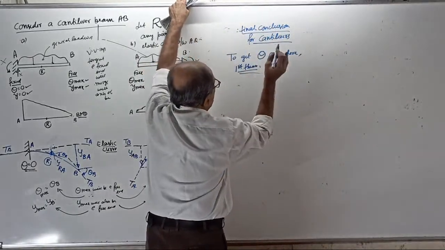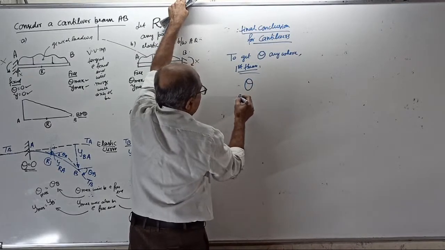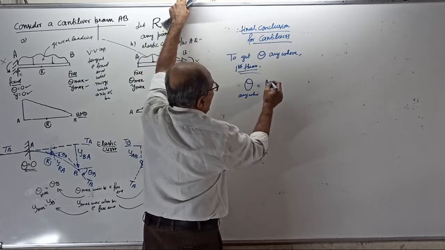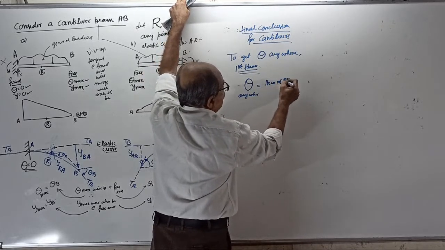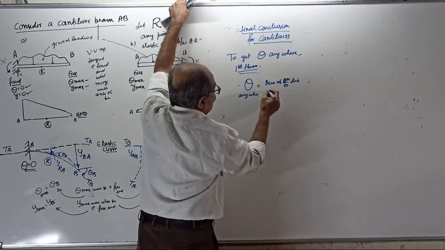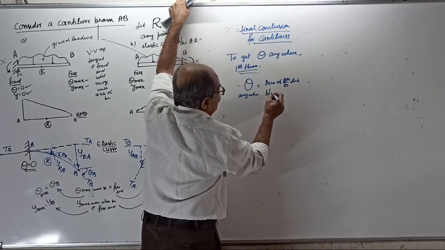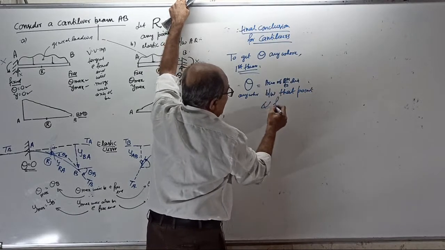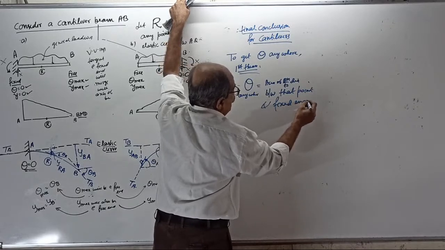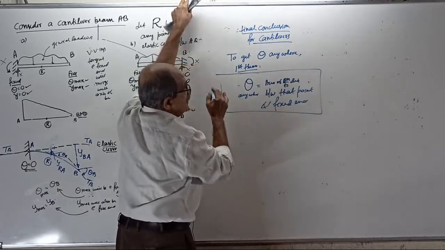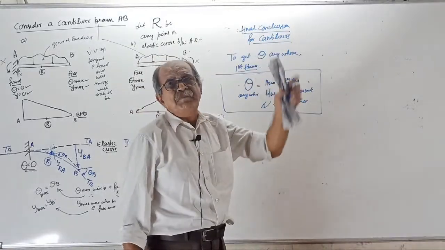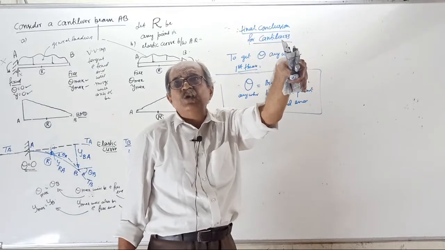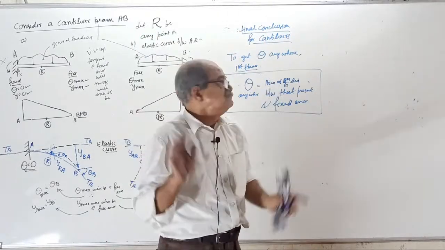So, first theorem: theta anywhere equals the area of the BM by EI diagram between that point and the fixed end. Over. Chapter closed. Always remember, the area of the BM diagram between that point where you want the slope up to the fixed end. Over. Conclusion.